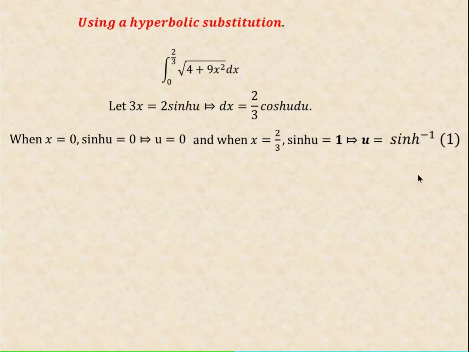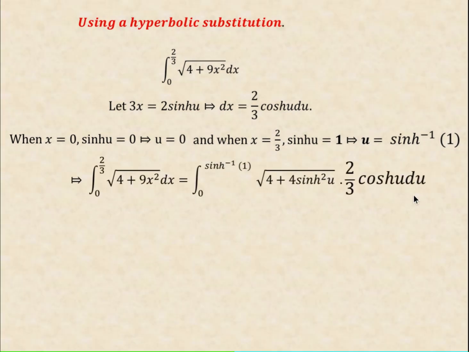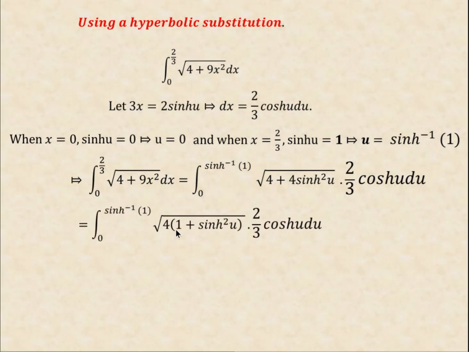Proceeding to replace the variables, then we have that the integral becomes integral from 0 to sinh inverse of 1 of the root of 4 plus 4 sinh squared u times 2/3 cosh u du, and we factorize 4 in the radical sign there to have 4 into 1 plus sinh squared u times 2/3 cosh u du.